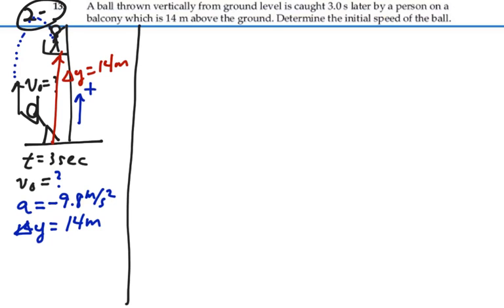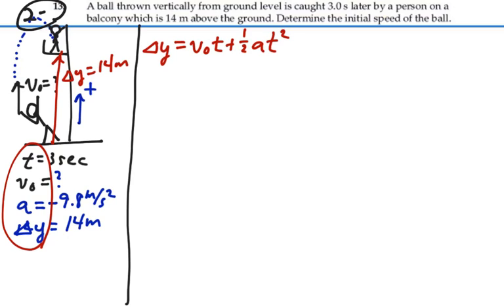Alright, so we've got 3 kinematic variables given and a fourth one asked for. So it looks like we should decide our equation based on these 4 variables here. Delta y is equal to initial velocity times time plus 1/2 acceleration times time squared.